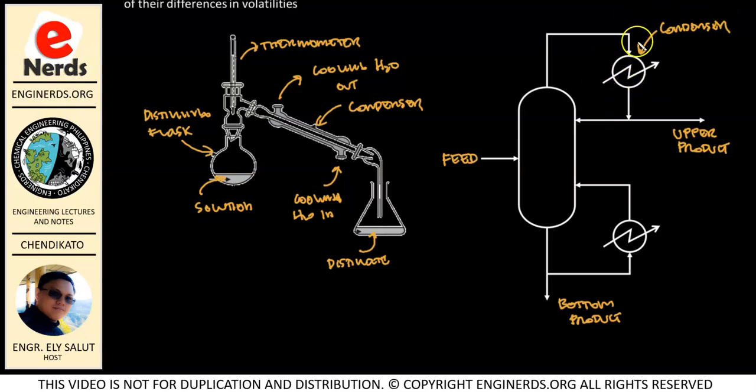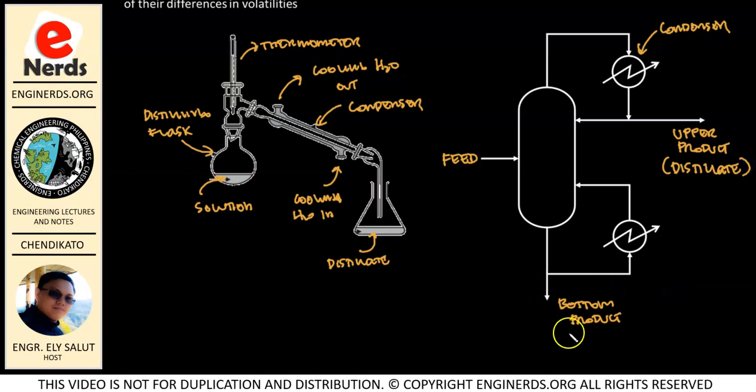Okay, so we have our condenser here para yung ating vapor here will be liquefied. So, if that's the case, after natin ma-liquefy yung ating vapor, we are collecting the distillate. So, that means in here, yung product natin dito sa upper product is our distillate.